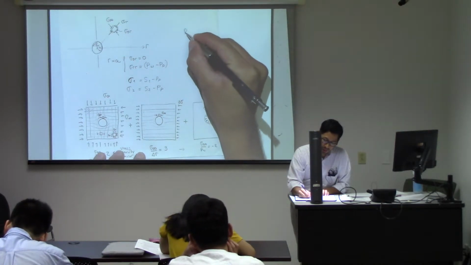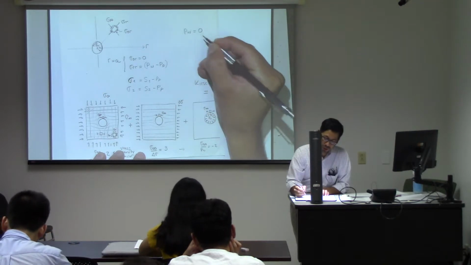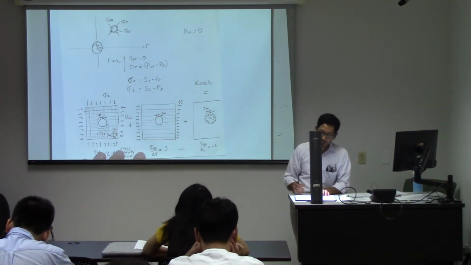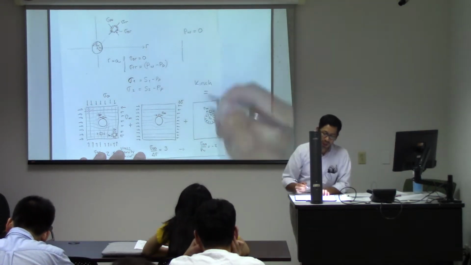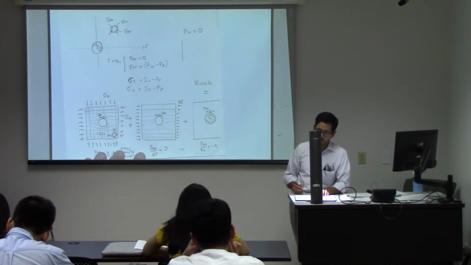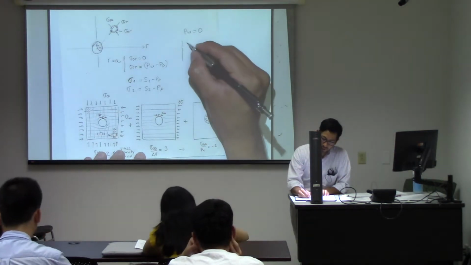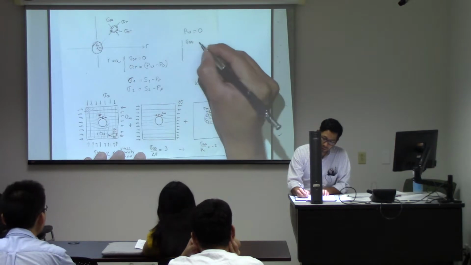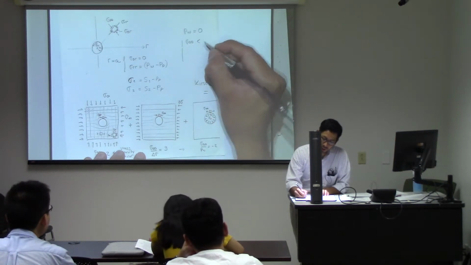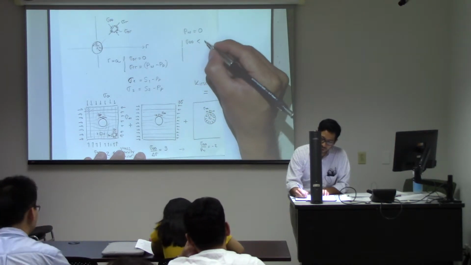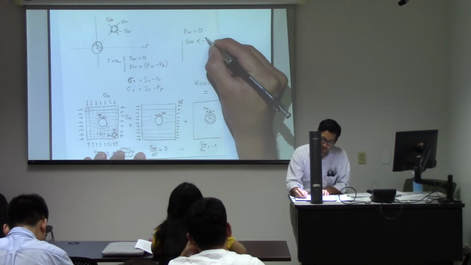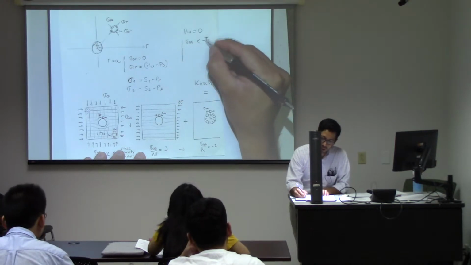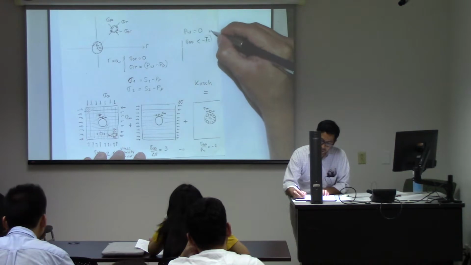So let's say the PW is equal to 0. If PW is equal to 0, and that's what you have in your homework, it's just like a solid solution. If sigma theta theta is smaller than the tensile strength, what is going to happen? This guy here is tensile strength.